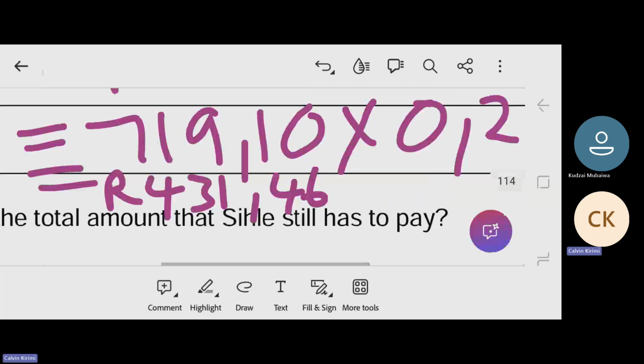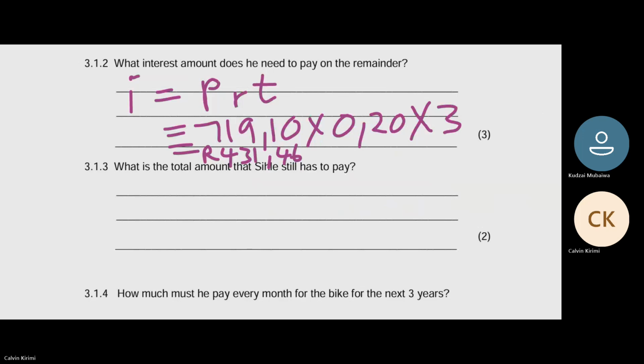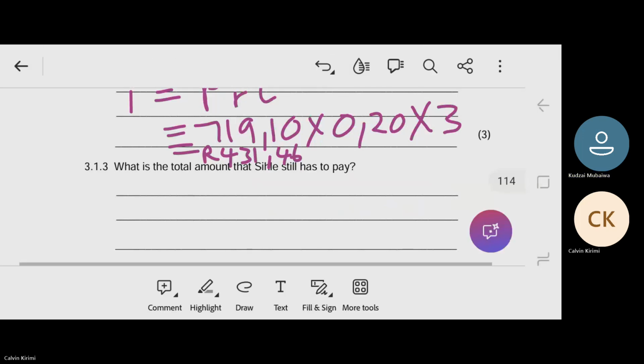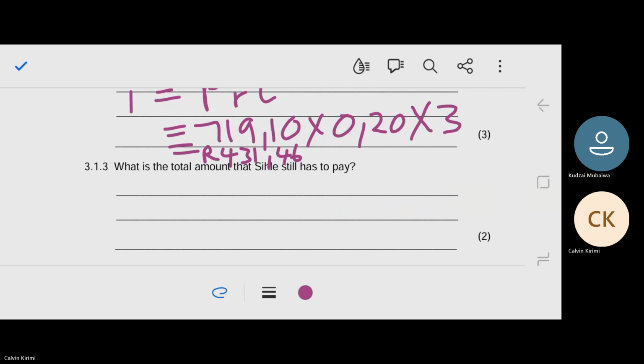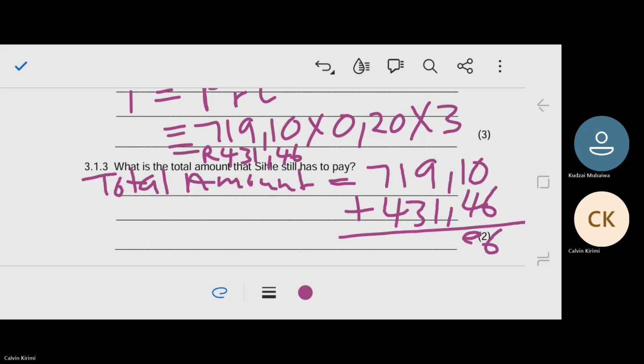What is the total amount Sihle has to pay? Sihle has to pay how much now? 719.10 plus 431.46.